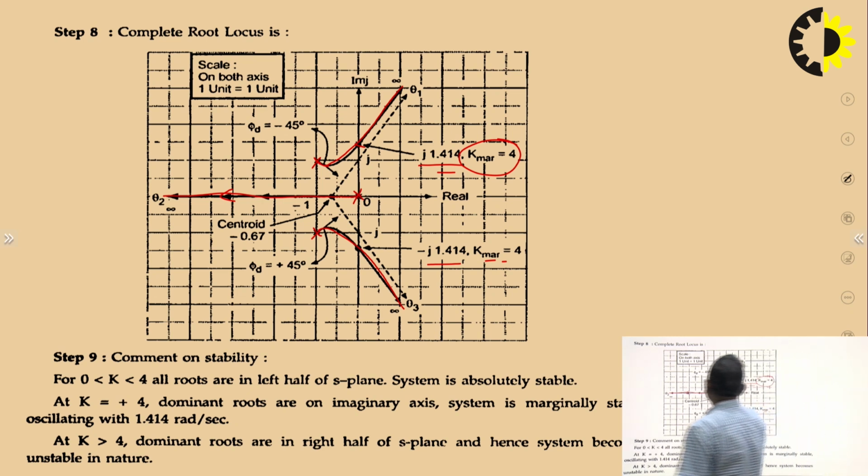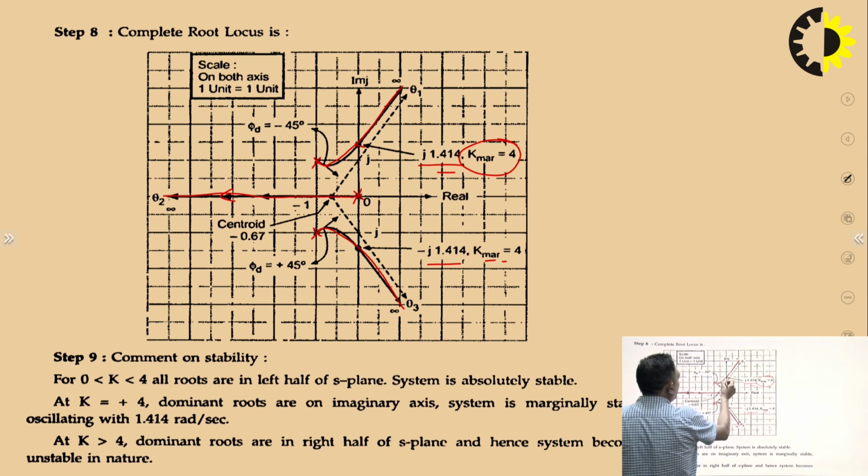But you can see these points: as the gain is increasing, as soon as the gain k marginal equals 4, your system will become marginally stable, and the coordinates of this point are s equals j1.414 and minus j1.414. Then it will enter the right half of the s plane, so your system will become unstable.